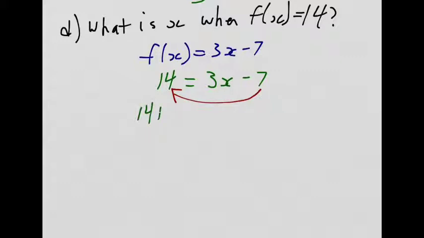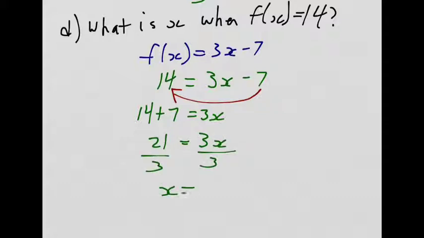This is 14 plus 7 equals 3x. 14 plus 7 is 21. Then divide both sides by 3. X equals 7. Okay? So again, when I input 7 for this x here, I should get 14 as an output.